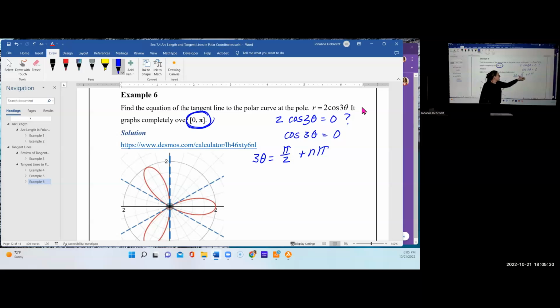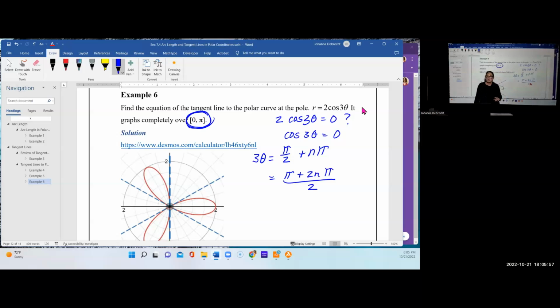Now, how can I solve this for theta? Well, the first thing I do personally is I get a common denominator on the right because I want to have a common denominator before I divide by 3. So I'm going to rewrite this as pi plus 2n pi divided by 2. I just rewrote this second term as 2n pi over 2 so I could put these in the same fraction.